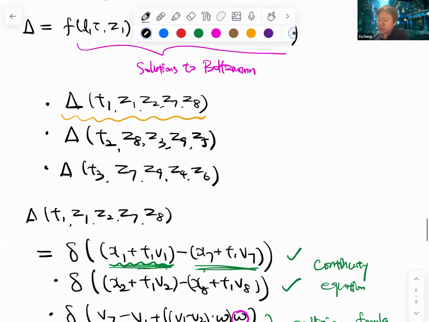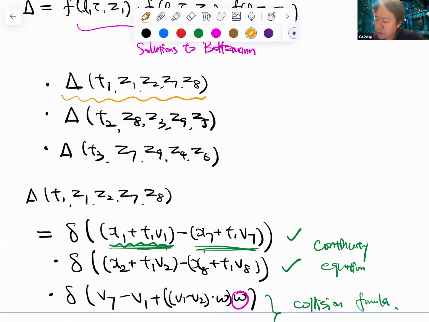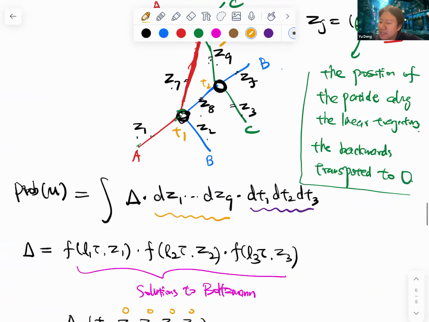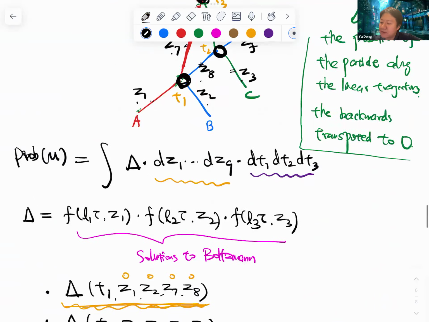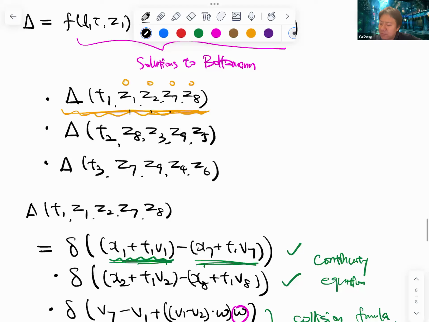Okay, so this is a complicated thing, but the good thing is that these quantities, especially these delta quantities, are defined only locally. Because this quantity only depends on these few variables z1, z2, z7, z8 that are directly linked to this particular collision. It doesn't depend on anything else apart from these four variables.